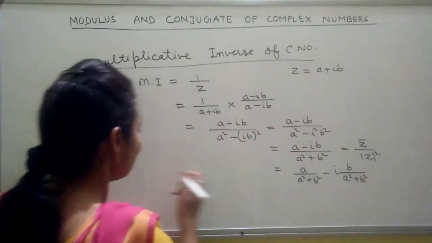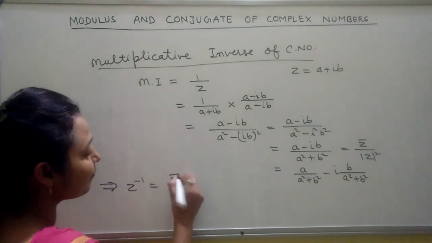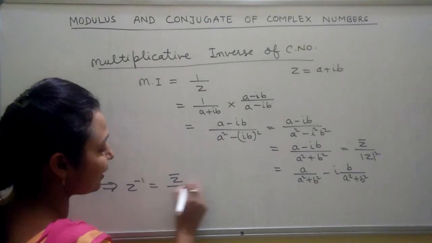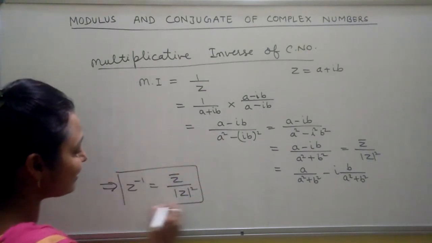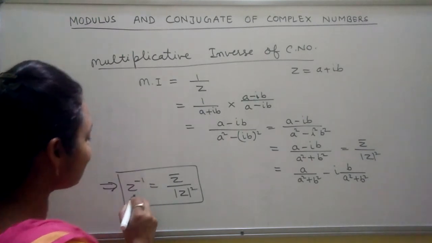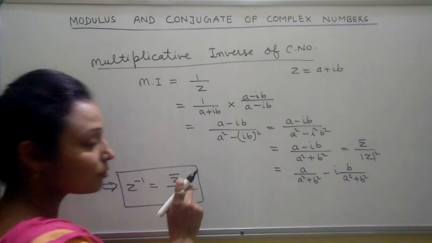So z inverse is equal to z bar, z conjugate, upon z mod whole square. This is the relation between these three terms. Z multiplicative inverse is always equal to z bar upon z mod square.